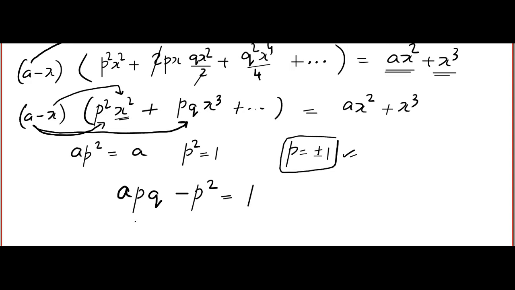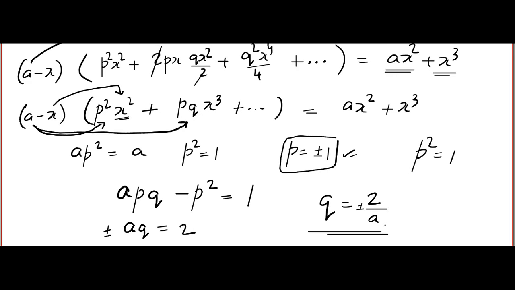Okay, so a into plus or minus 1, is equal to, p squared will be how much? You square 1 or minus 1, you are going to get 1. So 1 plus 1, 2. So q is equal to 2 by plus or minus a.